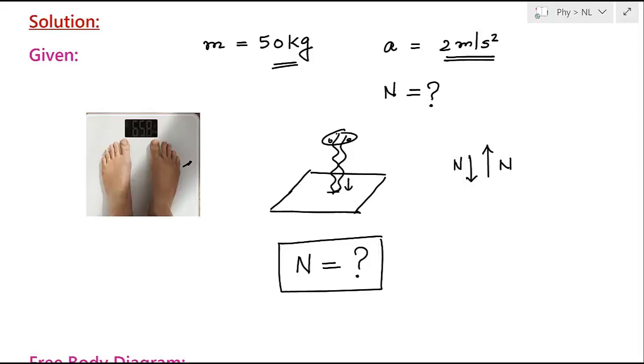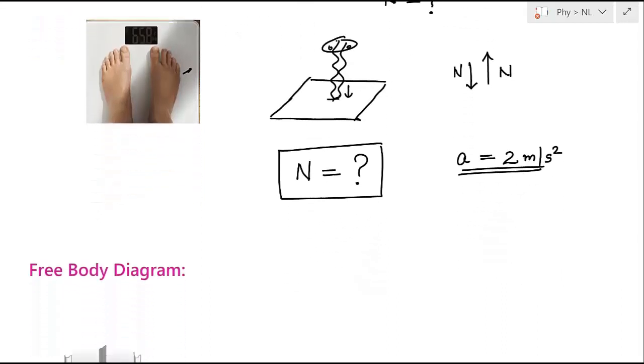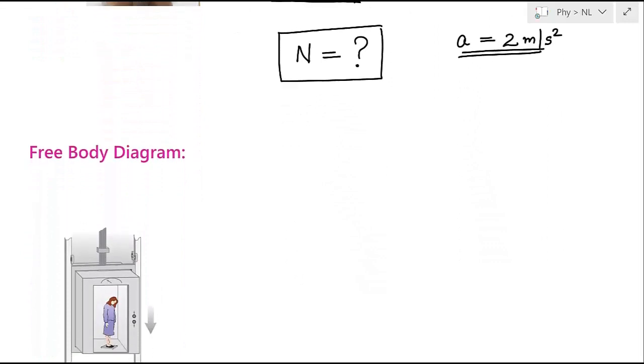But a more important point: the woman is inside the elevator. So the acceleration or deceleration of the elevator is the same as the acceleration or deceleration of the woman. So I can say the magnitude of acceleration or deceleration, a, is equal to 2 meters per second square, and this is applicable for the elevator and also for the woman. Now how will you solve this problem?